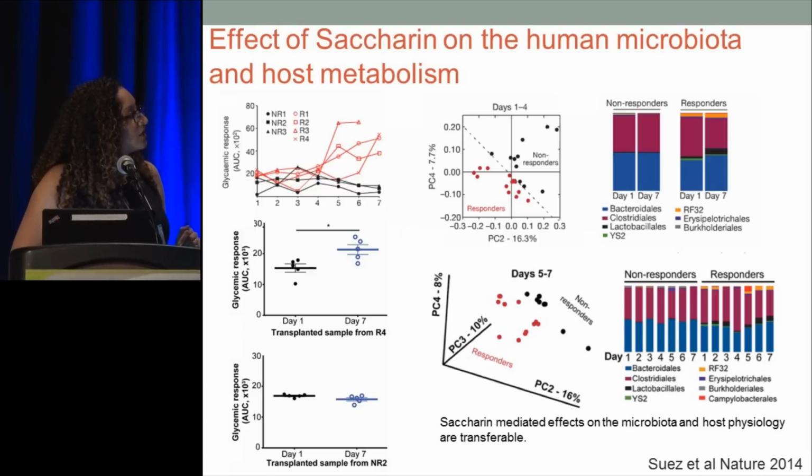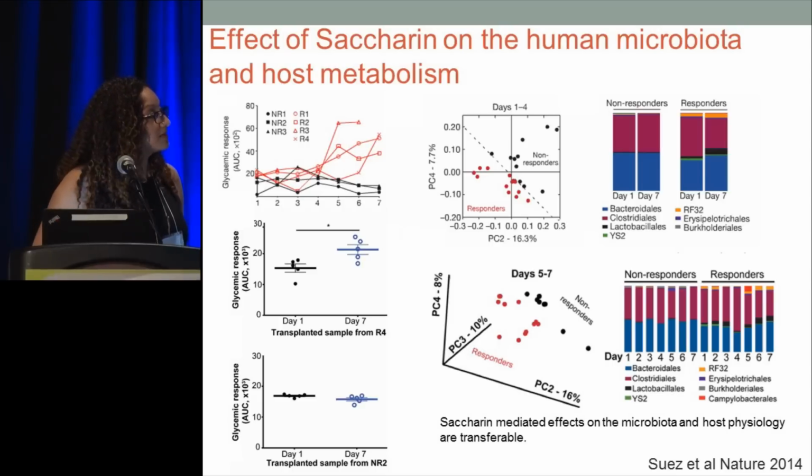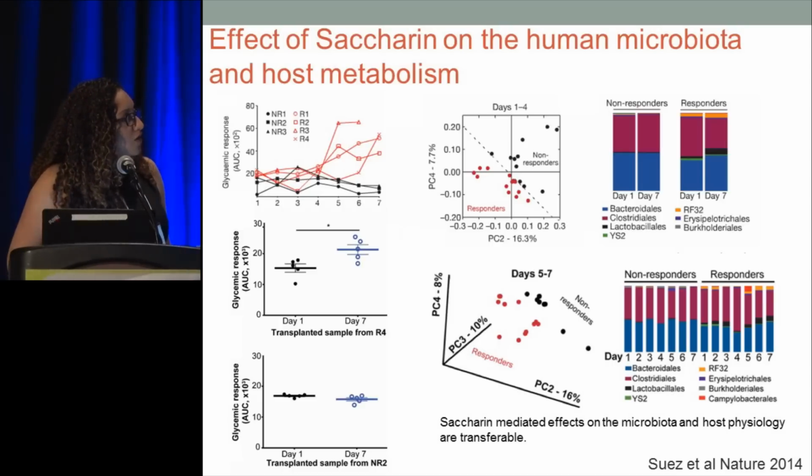And then they measured the glycemic responses. So there were 4 out of the 7 that actually had increases in glycemic responses, and the other 3 did not have any responses. On the right here is the microbial community analysis between the responders and the non-responders. And this suggests that there is some sort of difference between the communities of the responders and the non-responders.